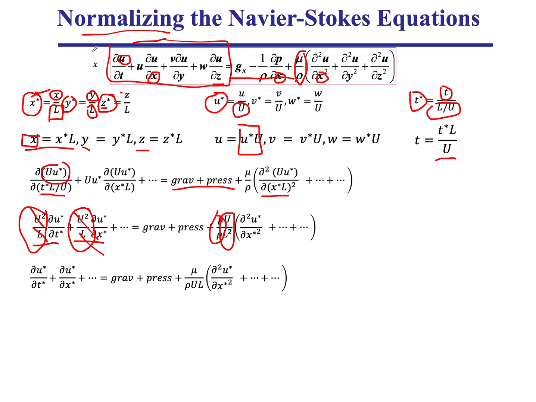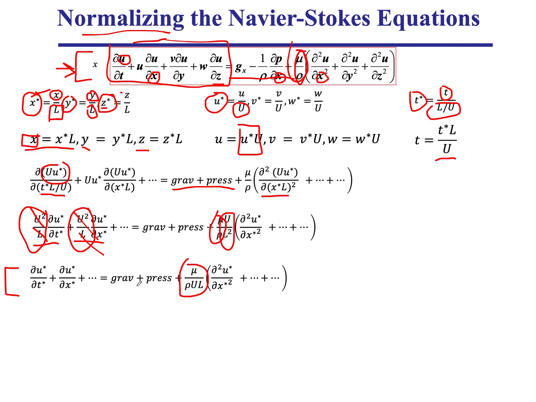So the equation will look exactly the same. The x momentum equation now, this is the normalized x momentum equation, will look the same as the dimensional x momentum equation, except as we said with a star, plus we have this extra term.